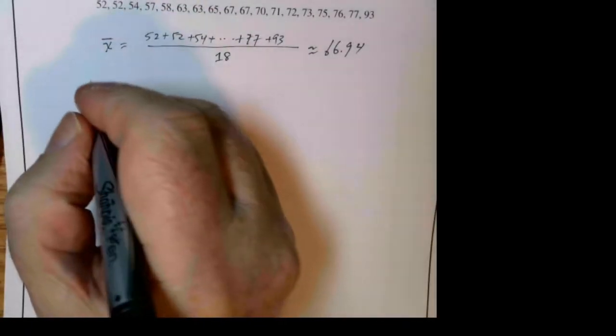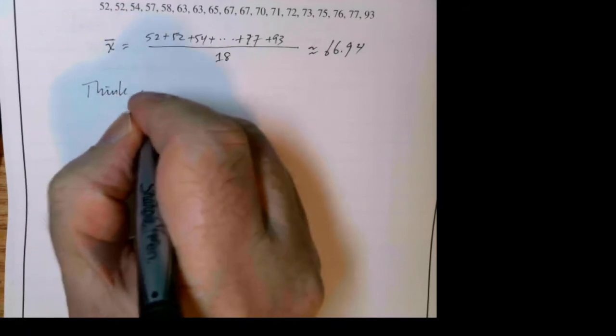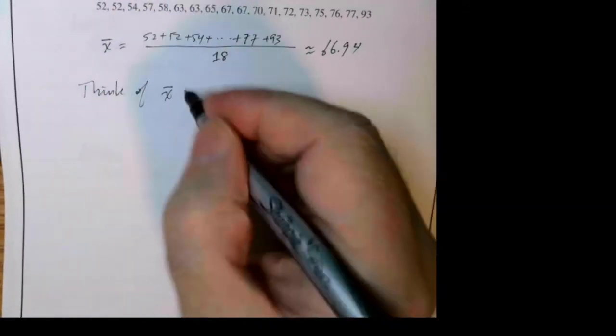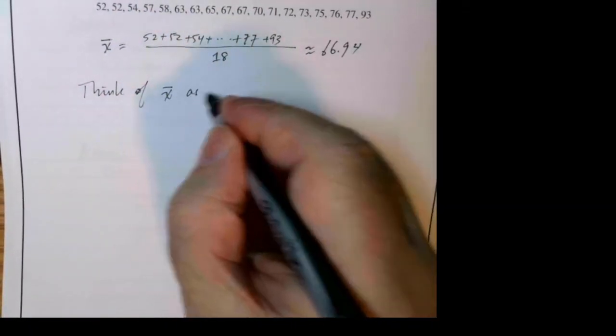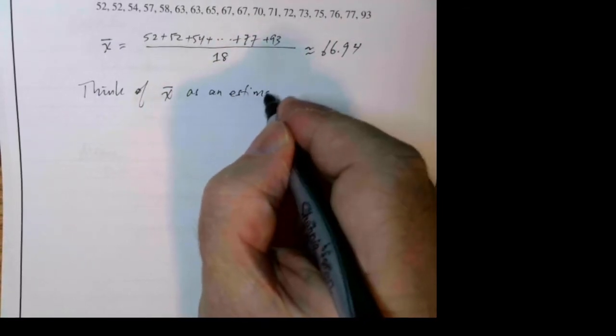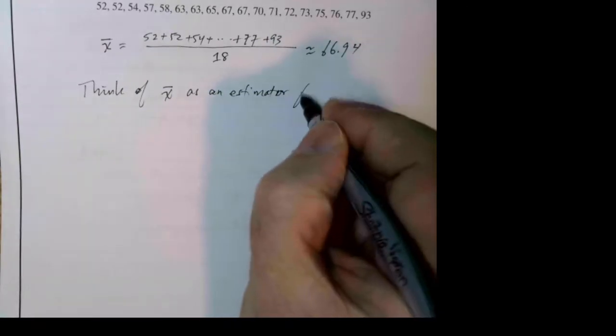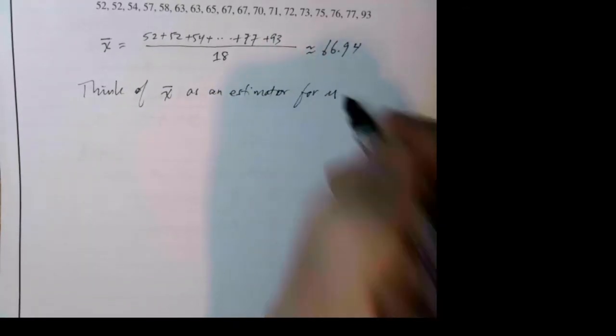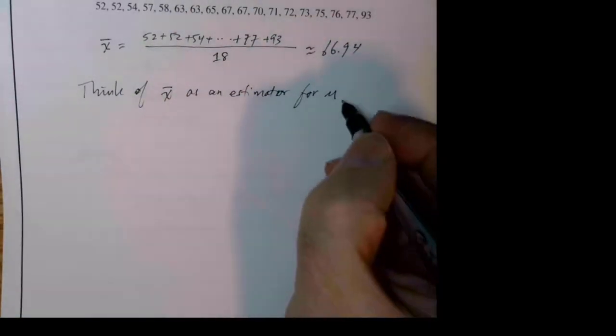I should say that you should think of x bar, the sample mean, as being an estimator for the population mean mu. That is what it is.